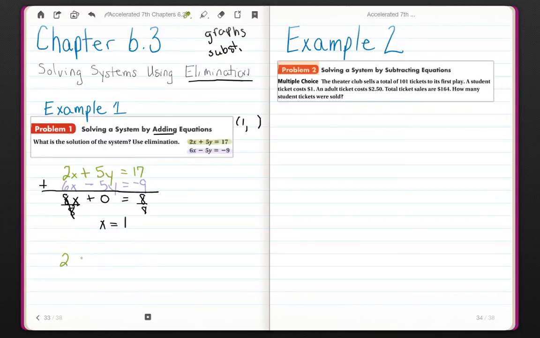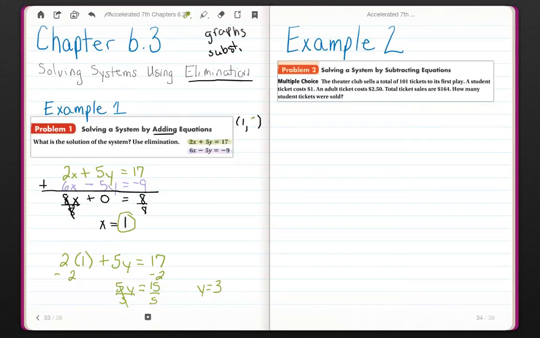So 2 times 1, substituting this one for x, plus 5y equals 17. 2 times 1 is 2, so I'm going to subtract 2 from both sides. 5y equals 15. Divide both sides by 5 so that y equals 3.